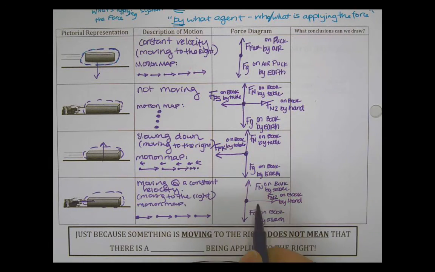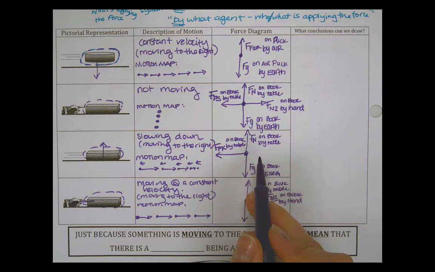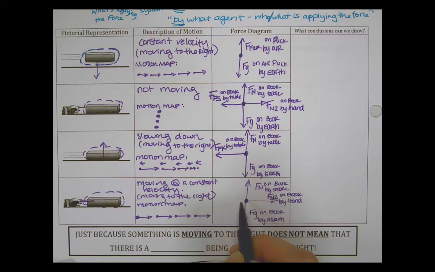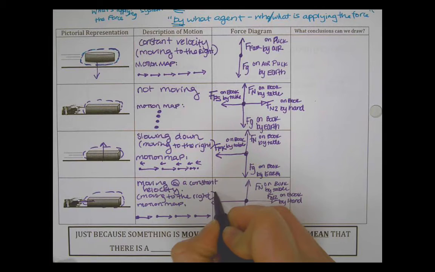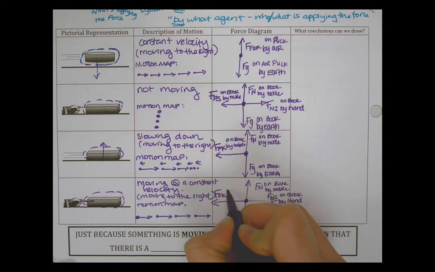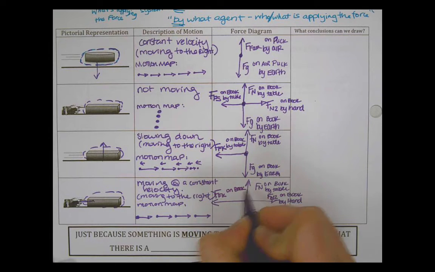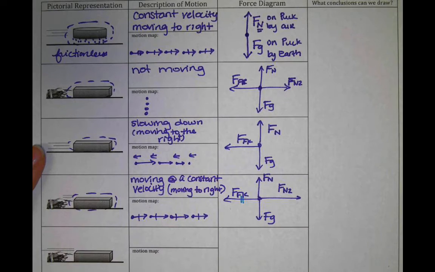And then again, just like in our previous two scenarios, we have that book being moved across the table, those rough surfaces. So there's a frictional force that's opposing that motion. So we also do have FFK again on book, by table. All right, now look for the video of this last scenario here.